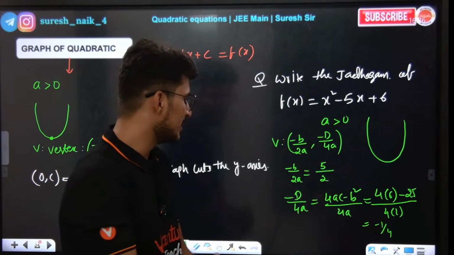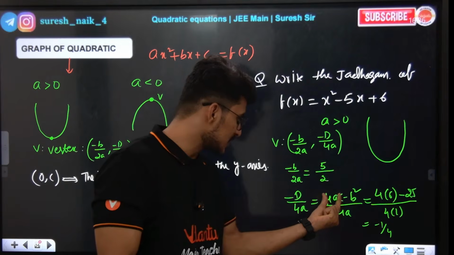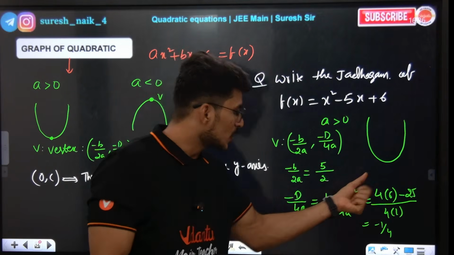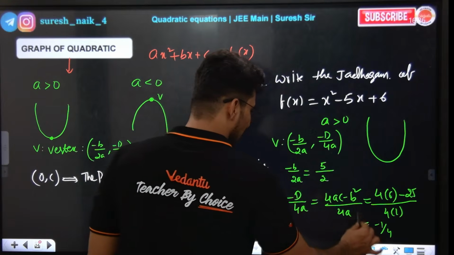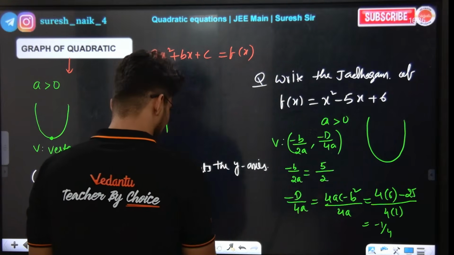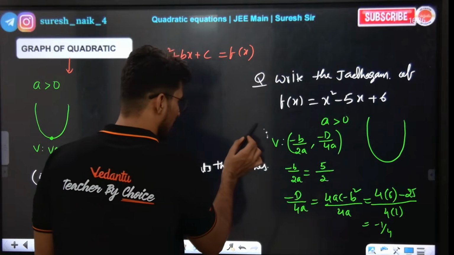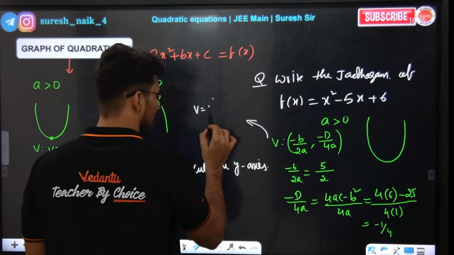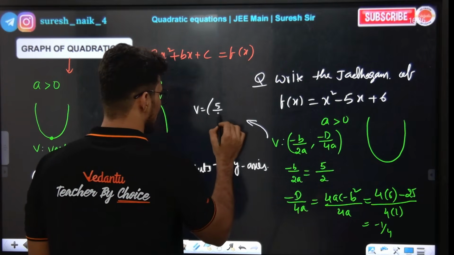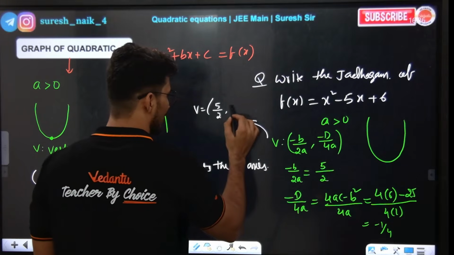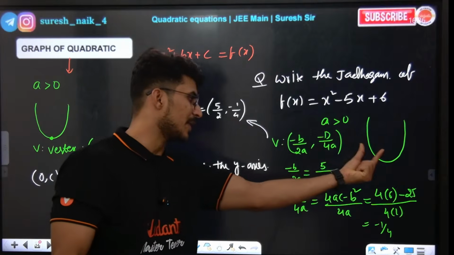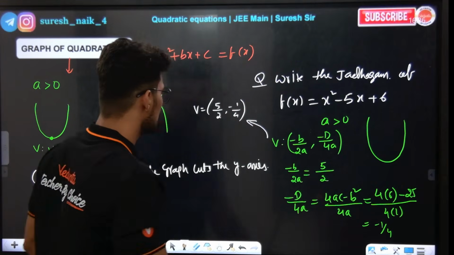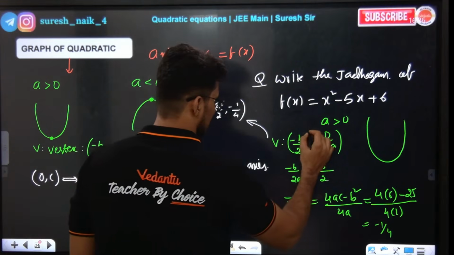Minus 1 by 4 is the y coordinate of the vertex. So now my vertex is going to be 5 by 2 comma minus 1 by 4. The x coordinate is 5 by 2 and the y coordinate is this. So this is the vertex, and A is positive.